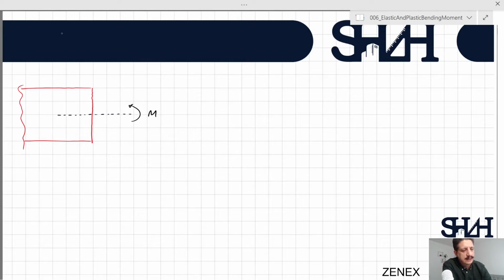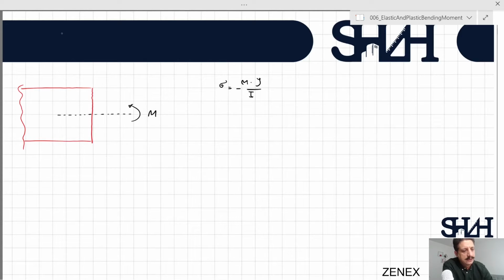So we can see that the furthest point of the cross section from the neutral axis is always under maximum normal stress due to bending. As far as the equation is concerned, sigma equals M y divided by I. M and I are constant, so sigma is in a linear relation with y.